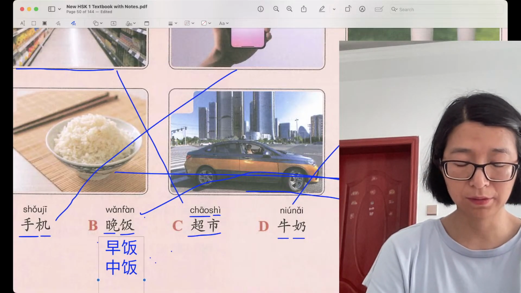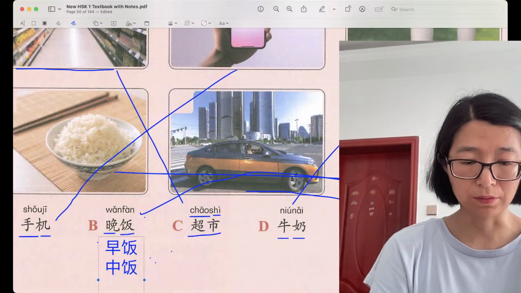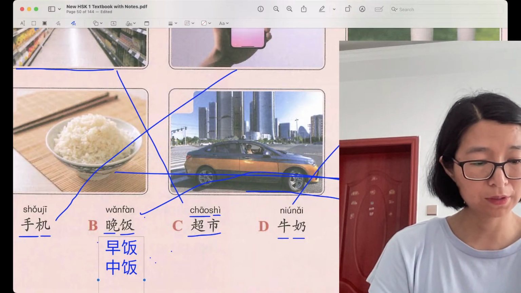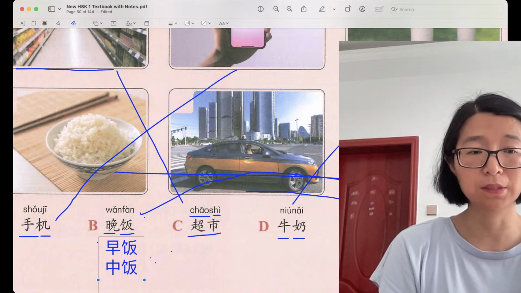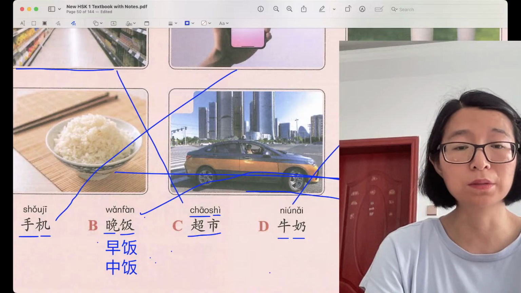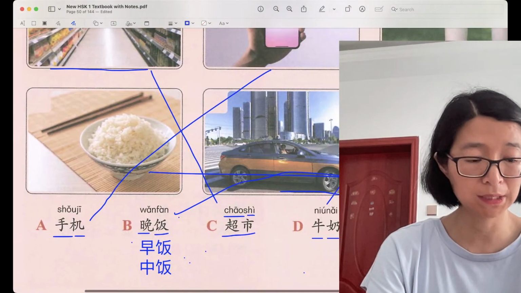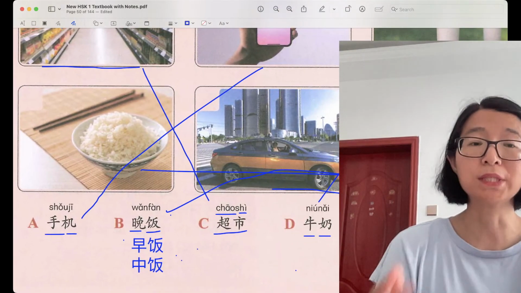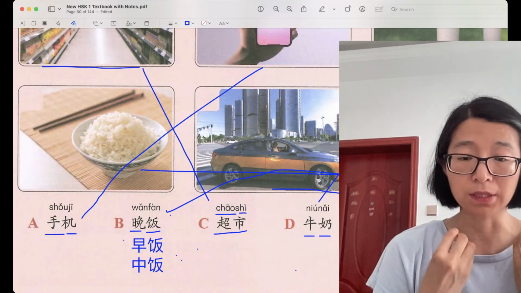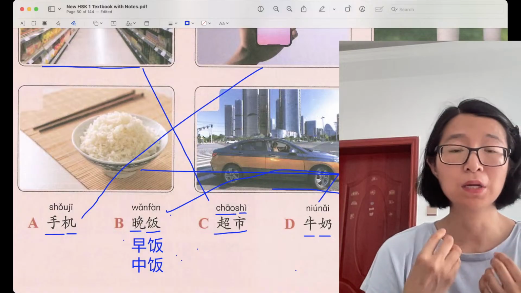So guys, that's the first part for learning the new words. Practice new words. Let's repeat each word. Repeat after me. First word, 手机, 手 hand, 机 machine, hand machine.